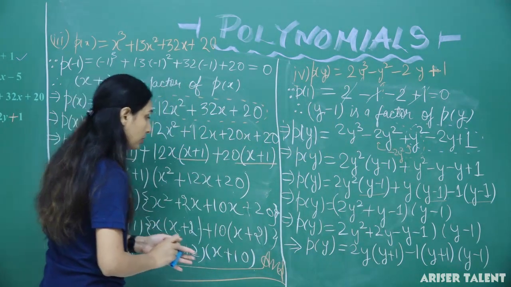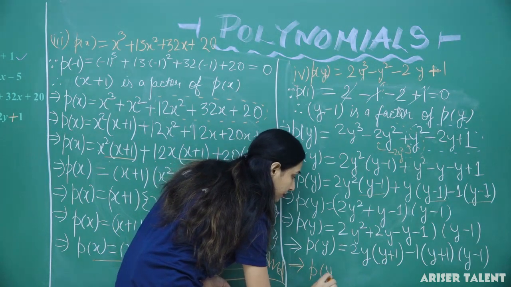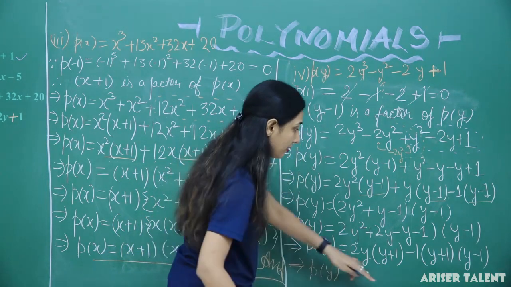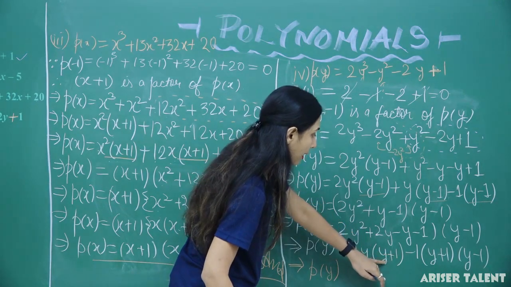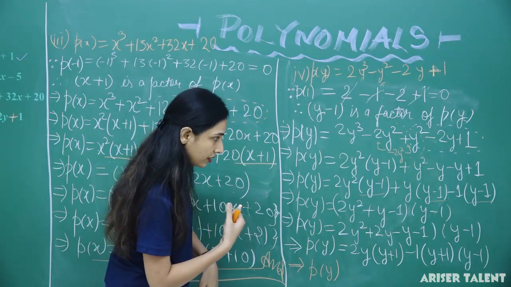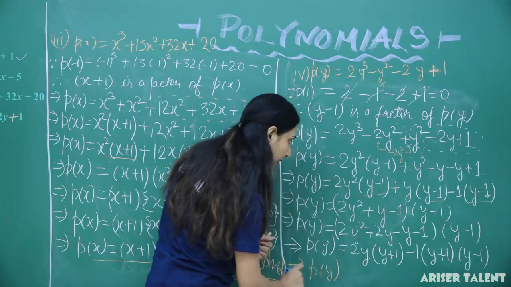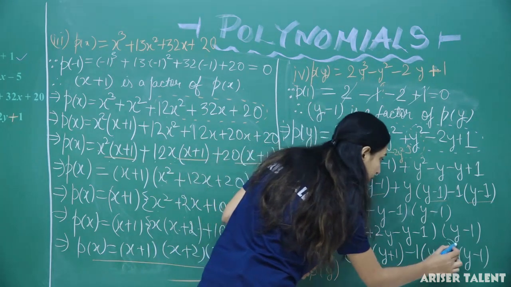Right, okay. So after that you can just simply put it here, P(y) equals, you are having this y, you are getting this, right. So we haven't used this bracket here, okay. So that will come in the bracket also.